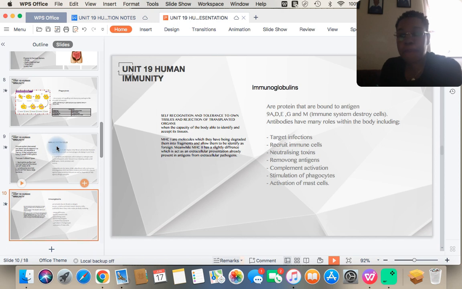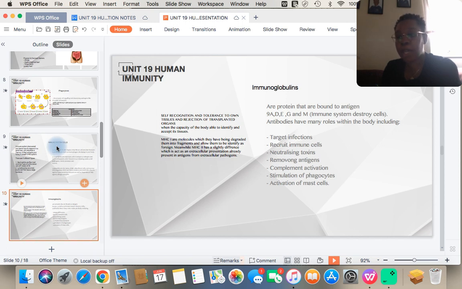The letter A has an important role in the cellular defense of mucous membranes of the body, for example, in our mouth. D functions as an antigen receptor for B cells. E increases response to parasite infections and allergic reactions.